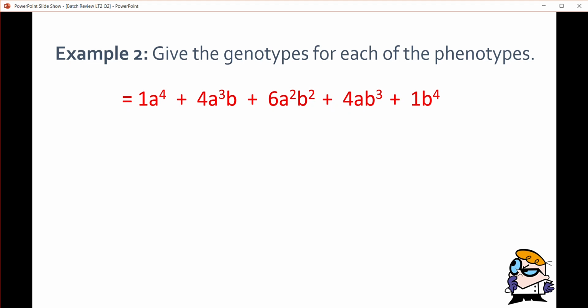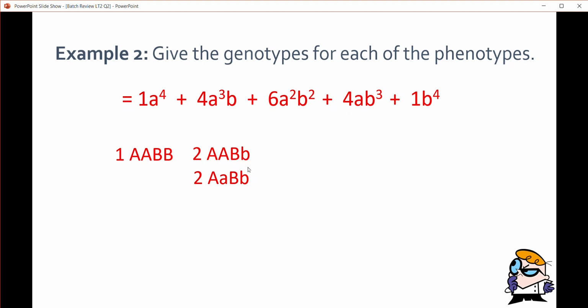Now, if you're going to be asked what would be the genotypes for each of these phenotypes, then you just make note of the binomial expansion. So you have A to the 4 here, and A is the dominant. So you have 4 dominants here, 1, 2, 3, 4, and the count is 1. You have here 3 dominants and 1 recessive: 1, 2, 3, and then capital B over here.